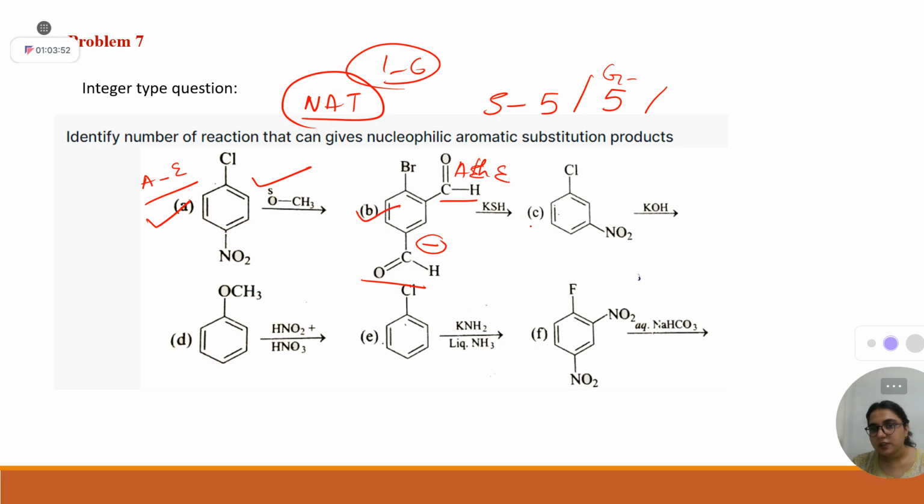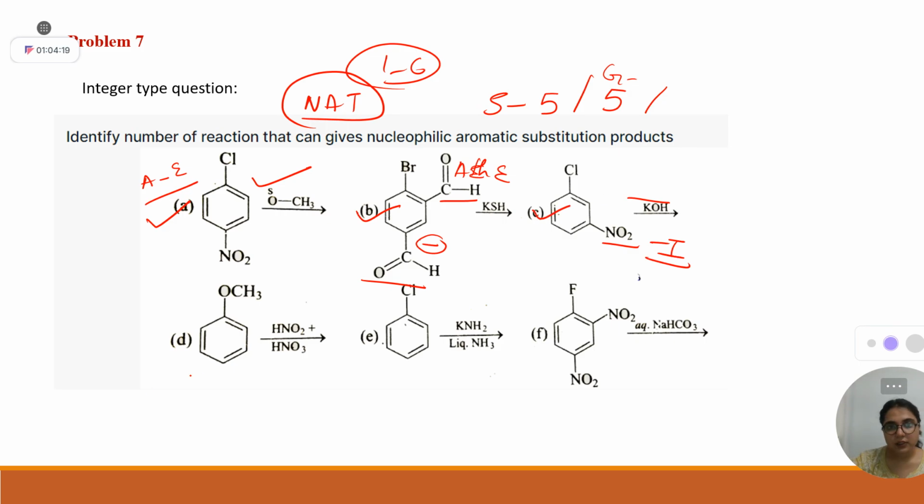Option number C, which operation? Type 1. Why? We know that this NO2 is at meta, but the base is not that strong that it can abstract this proton and go via benzyne mechanism. But type 1 is there because NO2 is also having minus I. Okay, so C is also operative.